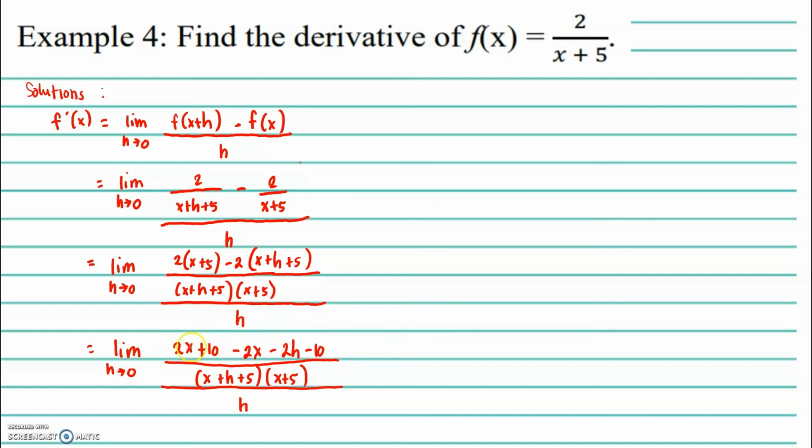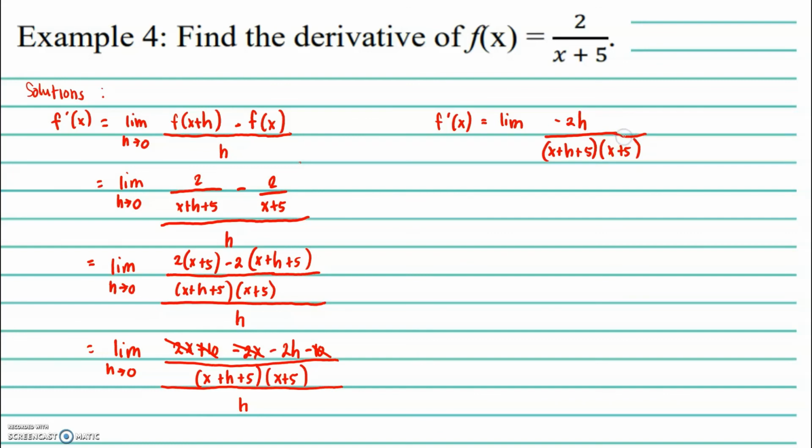Now here we can see that we can already combine like terms. So we will cancel out 2x and negative 2x, 10 and negative 10. So we are left with f prime of x equal to the limit of negative 2h over x plus h plus 5 times x plus 5.